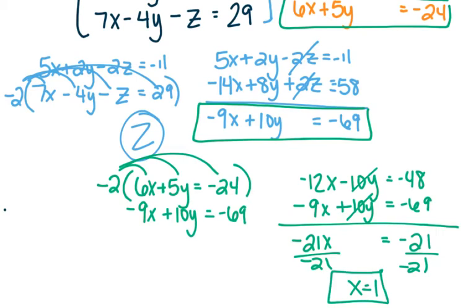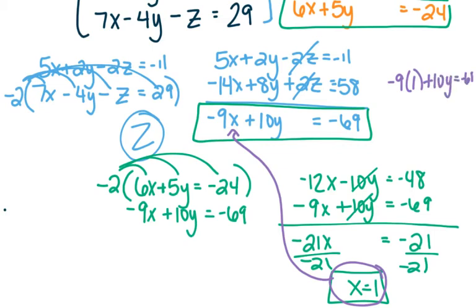And I can start taking that variable and plugging it back in. So, like if I know x equals positive 1, I'm going to plug it in right there. So I got negative 9 plus 10y equals negative 69.